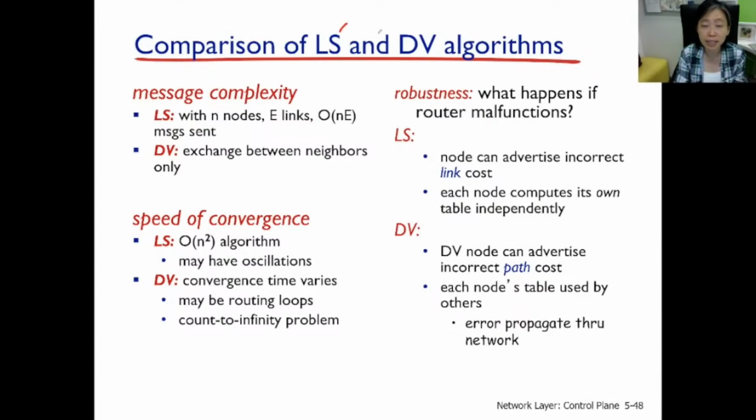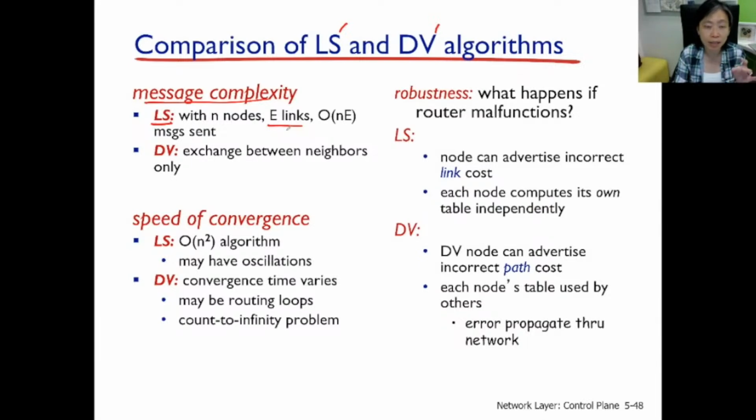LS here stands for link state. DV is the distance vector. Let's compare the message complexity first. If you recall in link state, each router needs to generate this link state report, and it gets propagated, broadcasted throughout the network. So each of these link state reports is going to travel all the links. There are E of them, and there are N nodes.